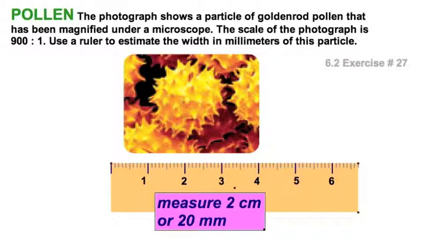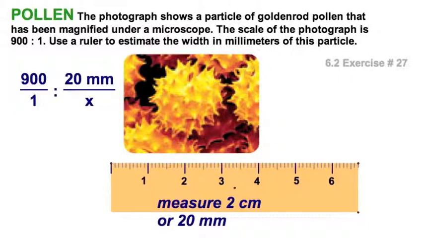Now, all I have to do is a little bit of proportion. Let's set one up here. So it's 900:1. 900, because this drawing is certainly bigger than the real particle. And the measurement of this drawing is 20 millimeters. So 900 is to 1 as 20 millimeters is to x, my unknown. That would be the actual size of the particle.